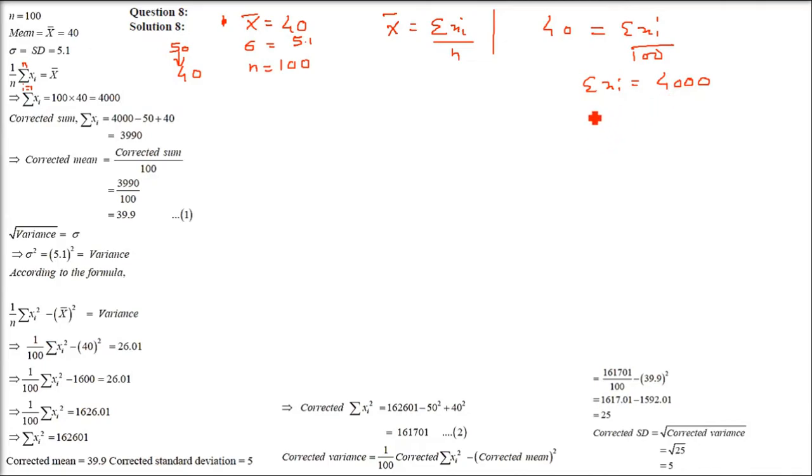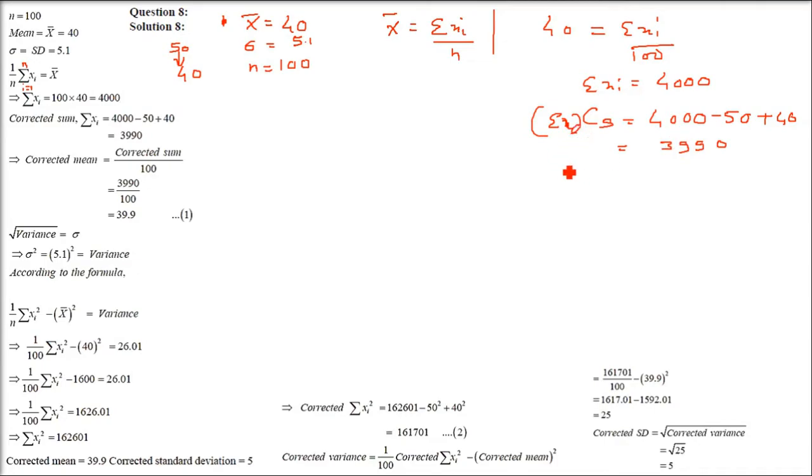When you want to correct it, what do you do? You subtract 50 because it was a mistake and 40 was correct. So sigma x corrected, I'm writing 4000. The problem was 50, so let us remove 50 and now add 40, which is the correct one. The number of observations is not changing, only the incorrect value we are deleting and the new one we are adding.